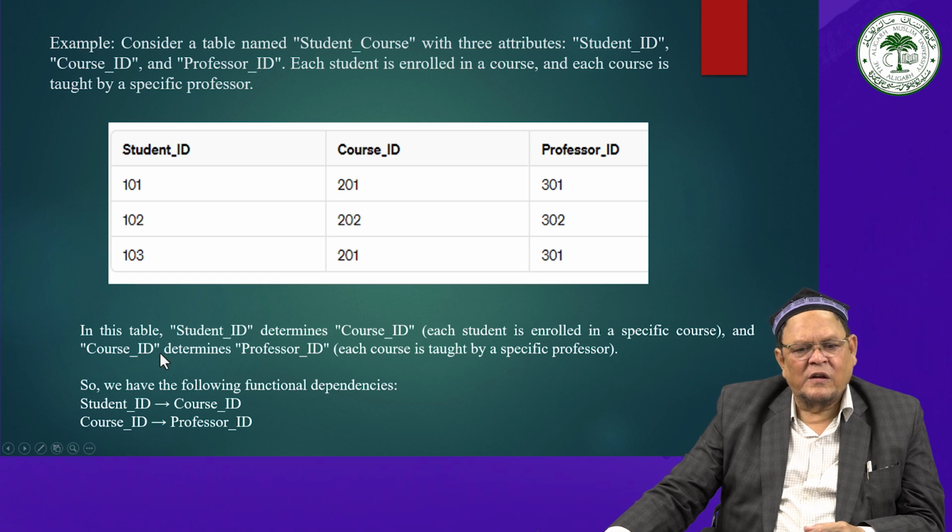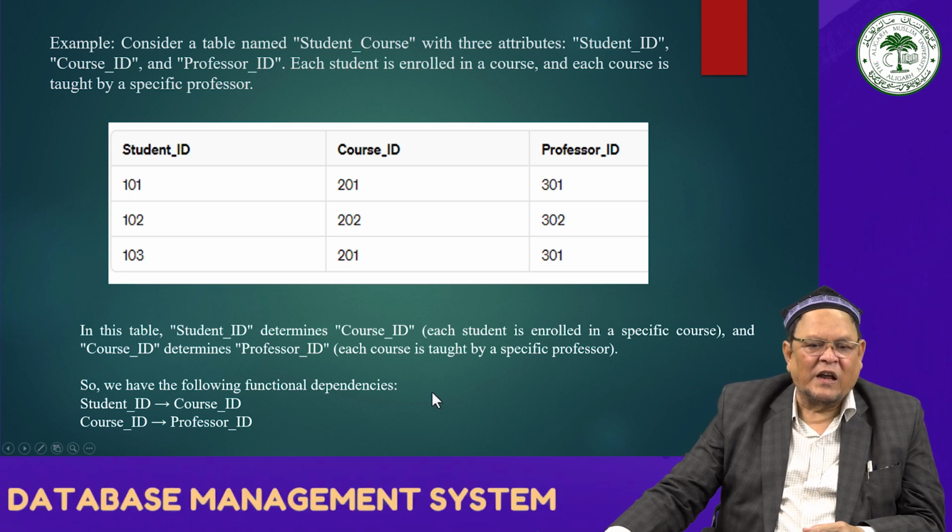In this table, student ID determines course ID. Each student is enrolled in a specific course and each course ID determines professor ID. It means each course is taught by a professor. So we have the functional dependencies: student ID determines course ID and the course ID determines professor ID.